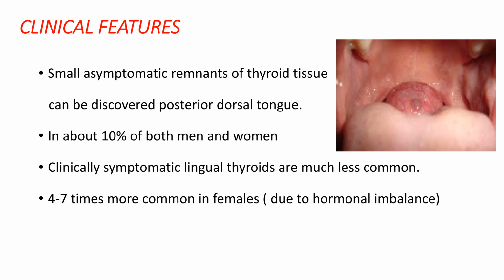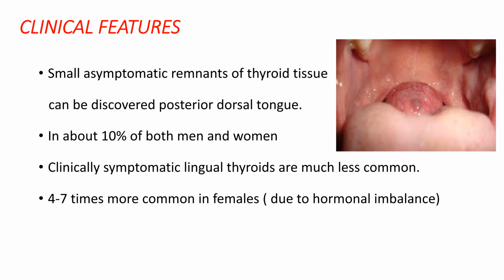Then the clinical features. Based on autopsy studies, small asymptomatic remnants of thyroid tissue can be discovered on the posterior dorsal part of the tongue in about 10% of both men and women.